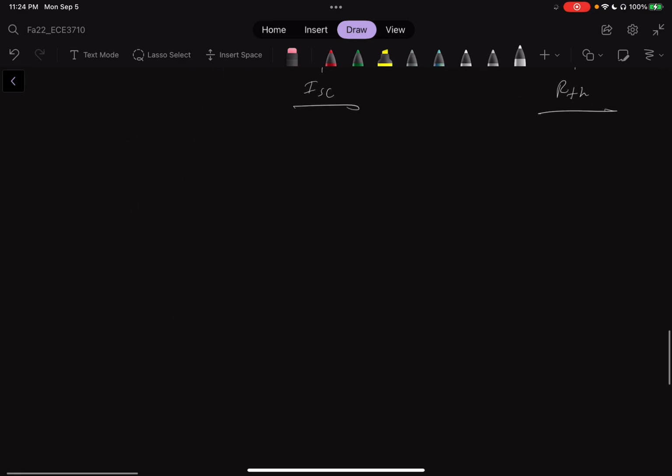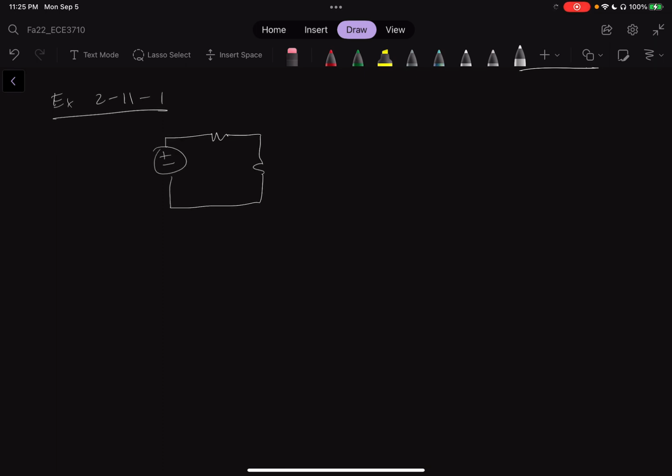Now let's do a special example. I'm going to call this example problem number 211-1. Okay, let's say I'm given this drawing. Say this is Vs, 1, 2, 3, 4.